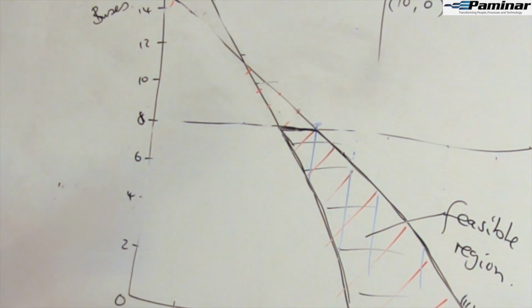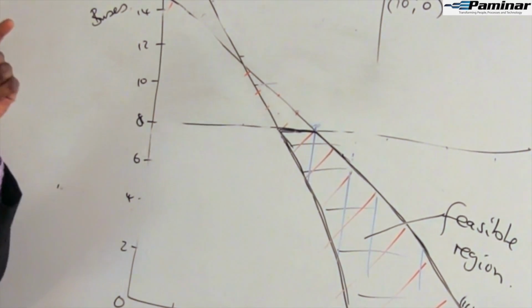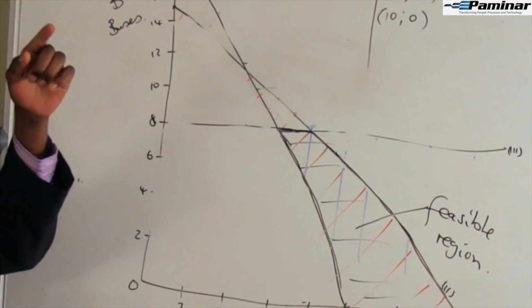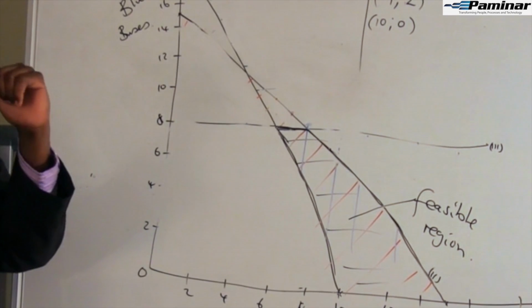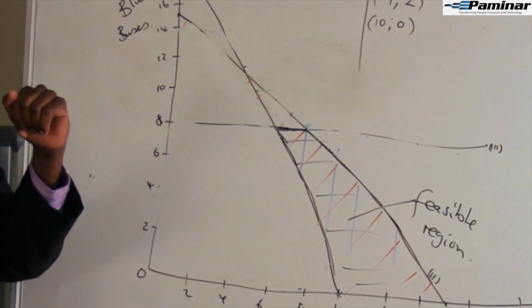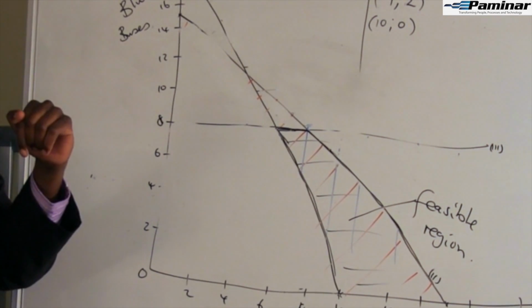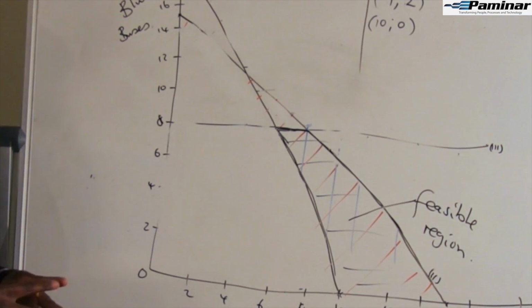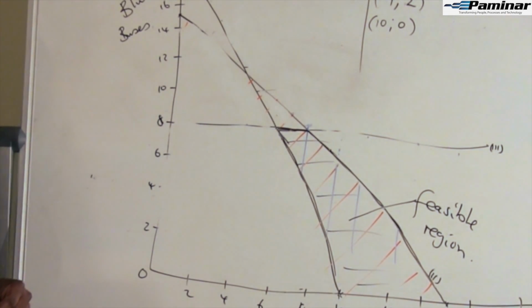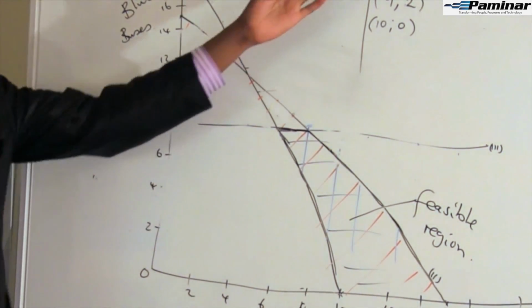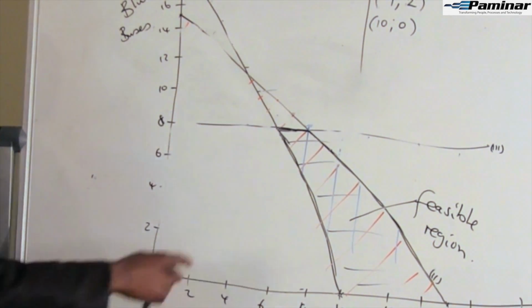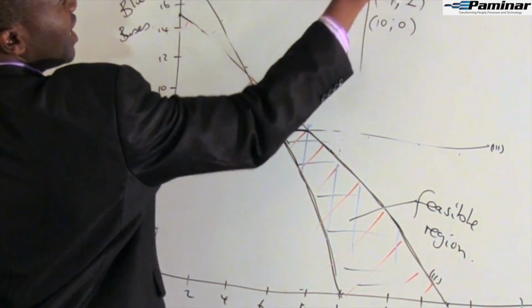Now on 12.5, it says, if exactly 12 bus drivers are to be used, determine the number of each type of bus which the school will be able to use, while still ensuring minimum cost. Remember we've got this range, but we have 12 drivers. Let's take 6 and 8.